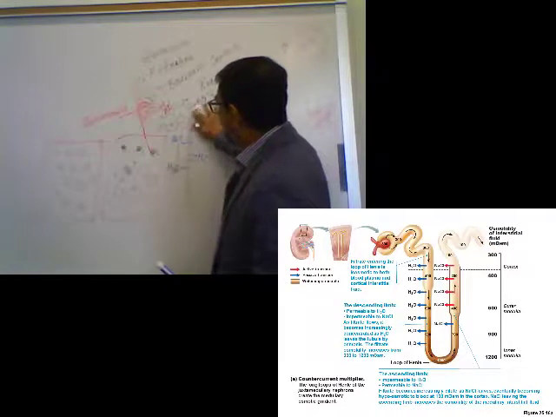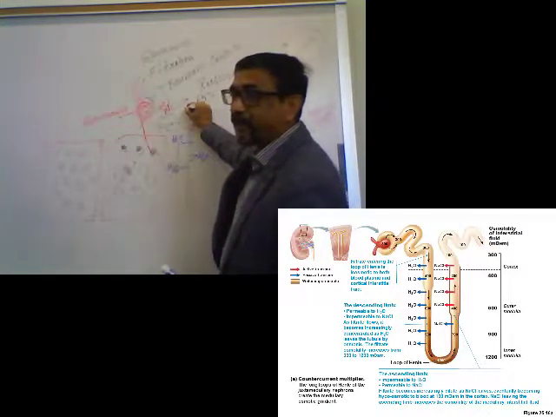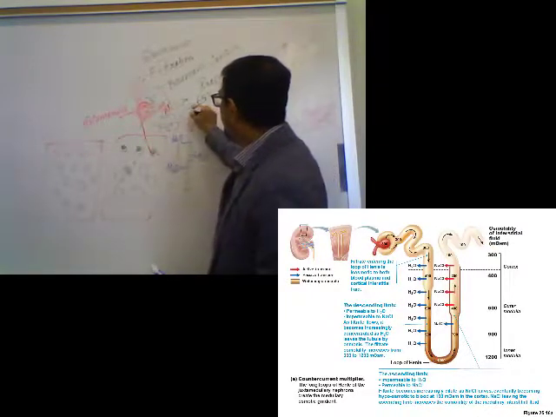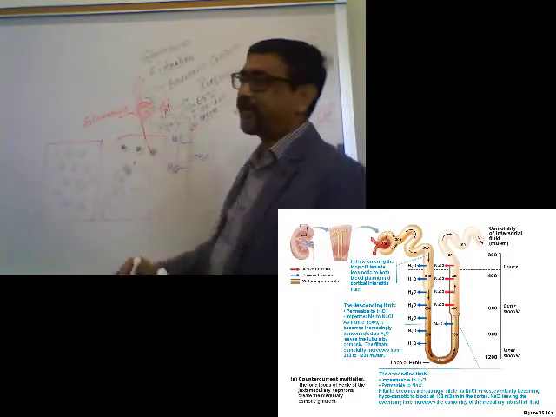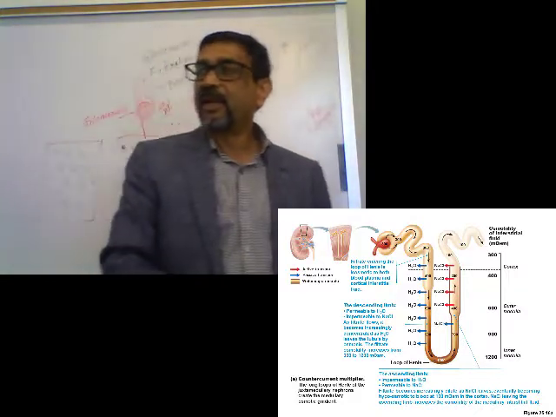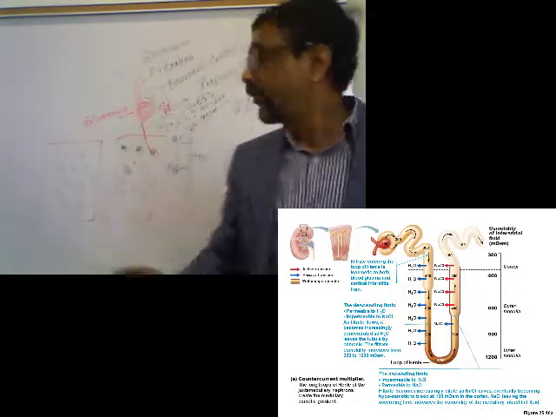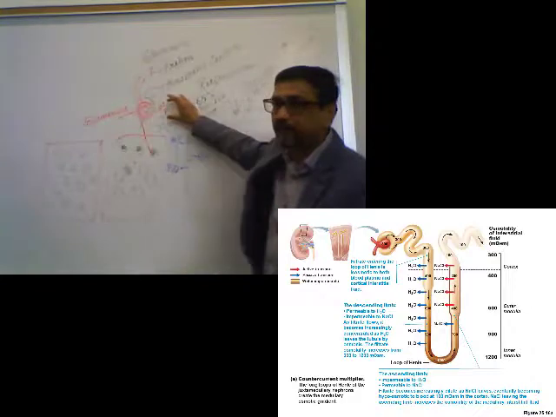The concentration of fluid here in the proximal convoluted tubule is about 100 to 300 milliosmol. That is the unit of concentration.